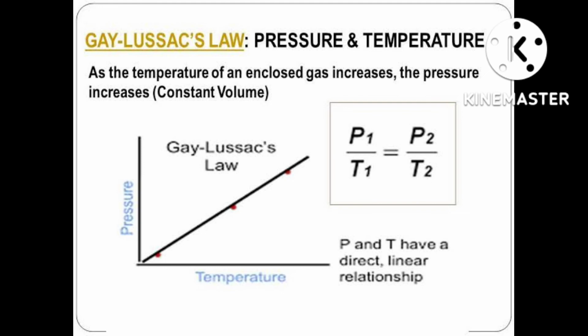So Gay-Lussac's law states that at constant volume, the pressure of a fixed amount of gas varies directly with the temperature. Mathematically, P is directly proportional to T.